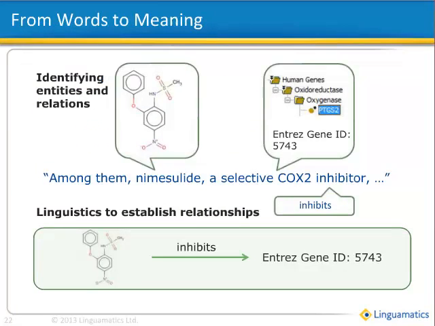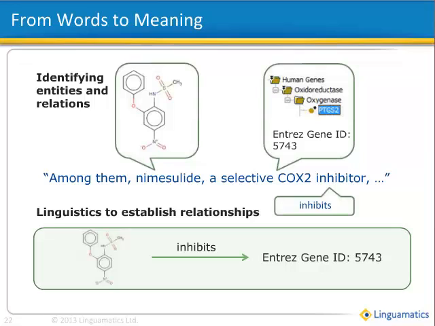Now, we can also structure things more formally. So if we're looking at chemicals, we can actually pull out the chemical name and assign it a particular chemical structure. We can take a particular gene or protein, and we can give it an identifier, in this case, in the Entrez Gene ID scheme. And we can also take out the relationships, and in this case, we've got a selective inhibitor, which means that the chemical is inhibiting the gene.